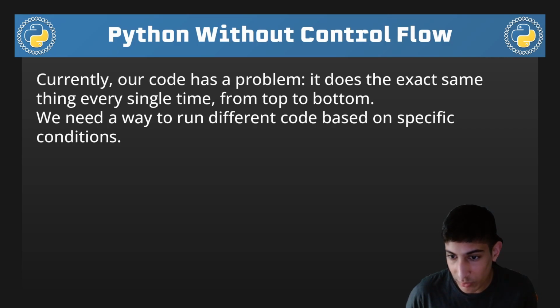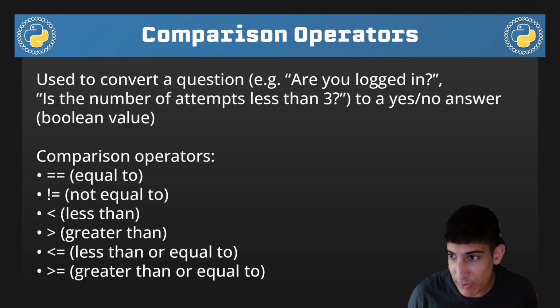And this shows how we need control flow in programming languages like Python in order to control what the code does based on whether a specific condition is true or not. So before we actually make a decision, we have to ask Python a question.